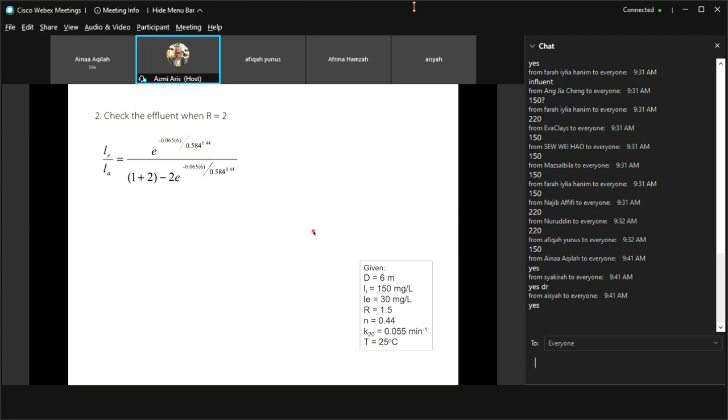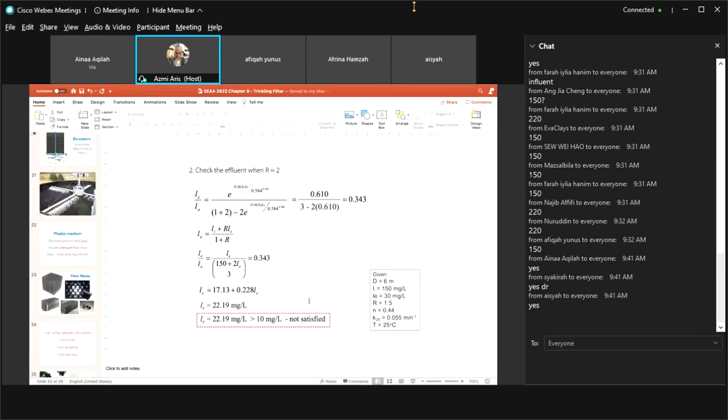Next question. Now we have this QV which we calculated just now. The rest are the same, but now our R is equal to 2, not 1.5, sorry. Let me change this one minute so that nobody will get confused.